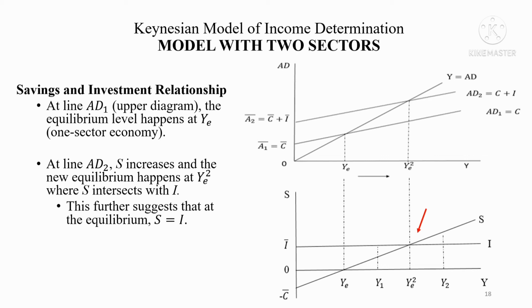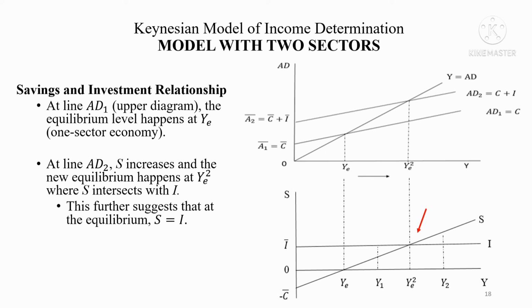At line AD2, S or saving increases, and the new equilibrium happens at YE2, where S intersects with I in the lower diagram. This suggests that at the equilibrium, S is equal to I. It is shown by the intersection of the S line and the I line.